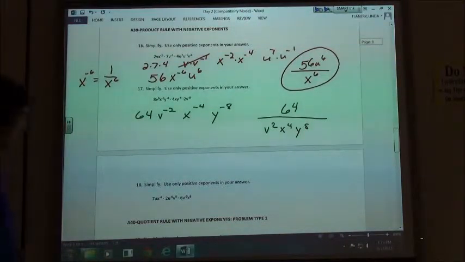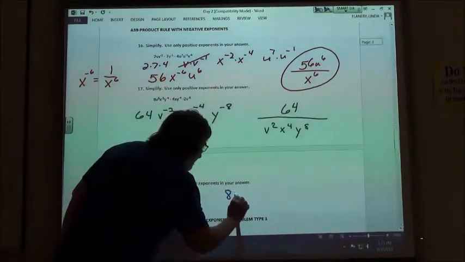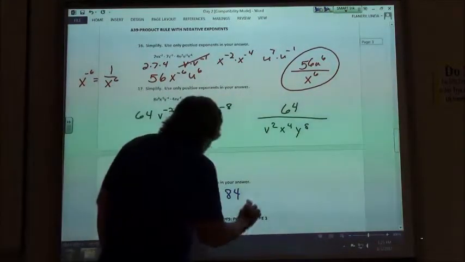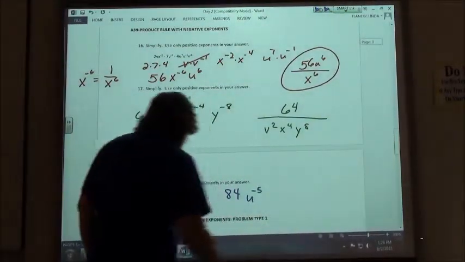If we multiply on number 18, 7 times 2 times 6, 84. And I'm going to get u to the negative 5, because I have 1 minus 6 is negative 5.